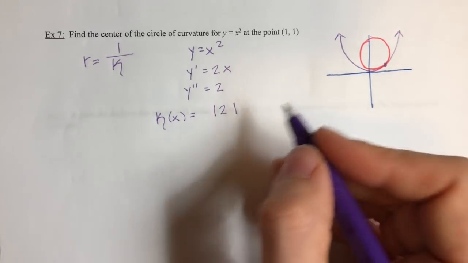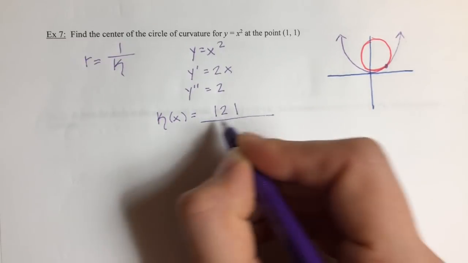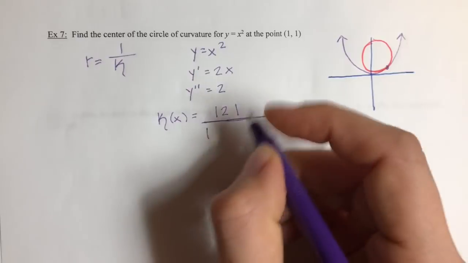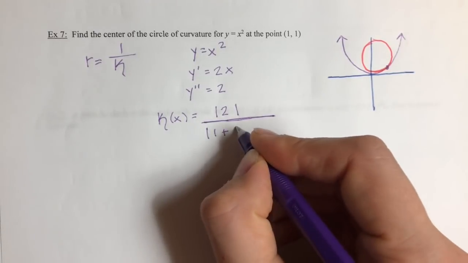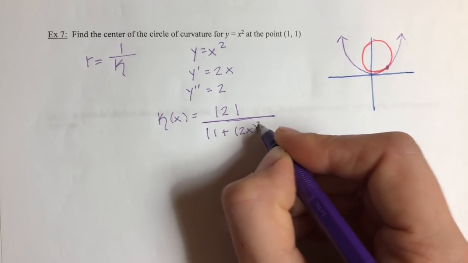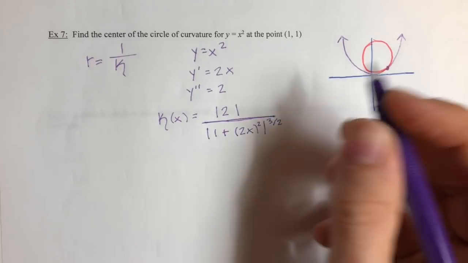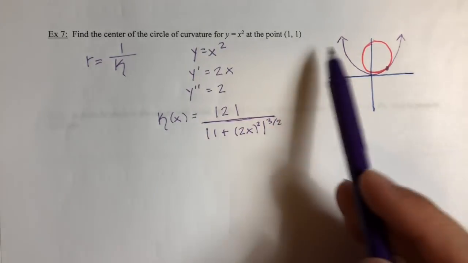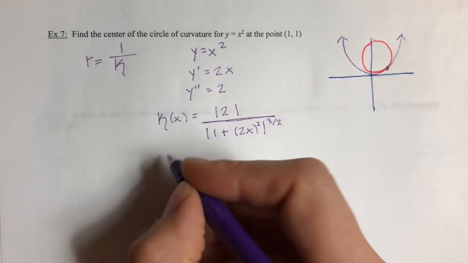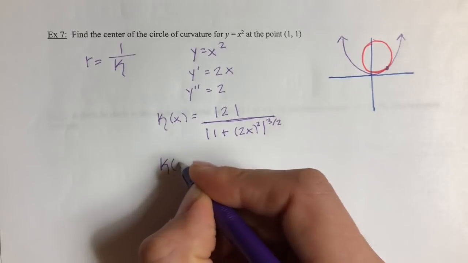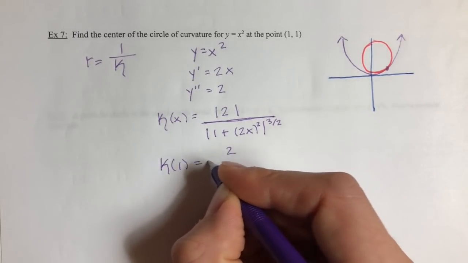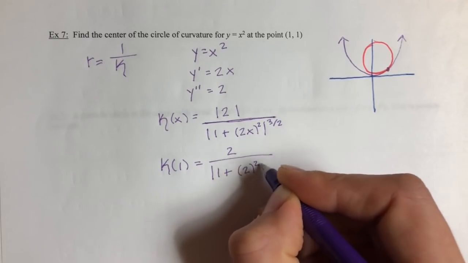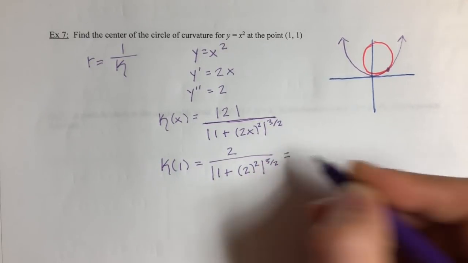Absolute value of 2 divided by the absolute value of 1 plus the first derivative squared, all raised to the 3/2. Then when I plug in the x value 1 from our point, I'll get that the curvature at 1 will be 2 over the absolute value of 1 plus 2 squared to the 3/2.